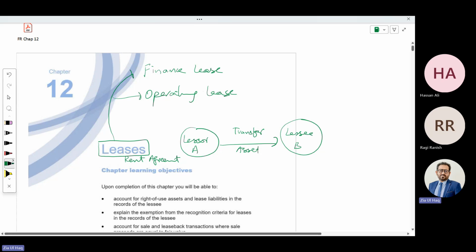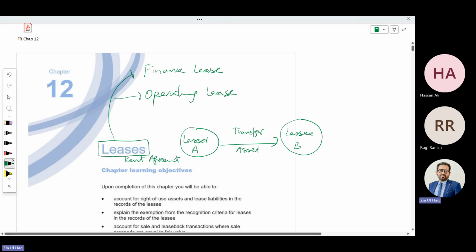A few years back, there were two types of lease, finance lease and operating lease. What was a finance lease? Where the lessor has transferred the asset to the lessee, and the lessee has the right of the asset. The lessee has the risk and reward relating to the asset.